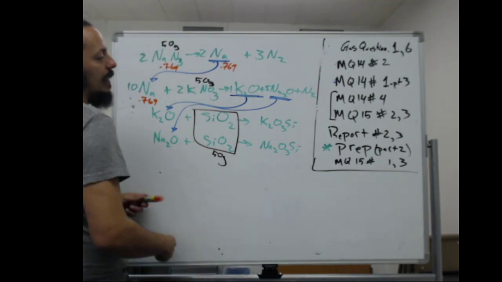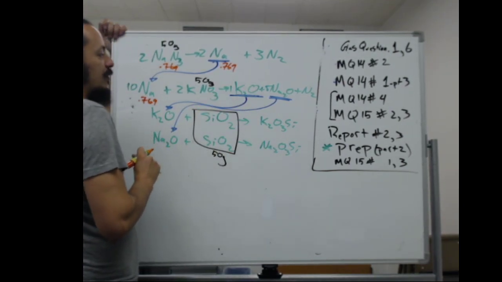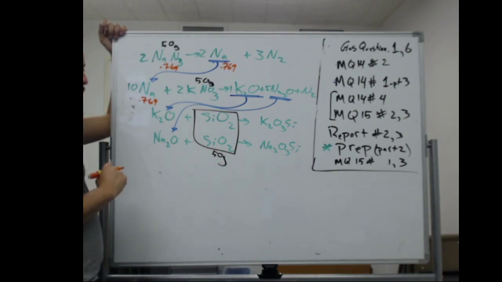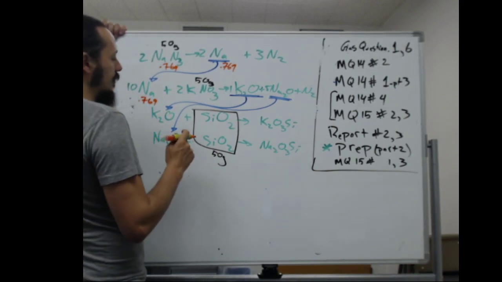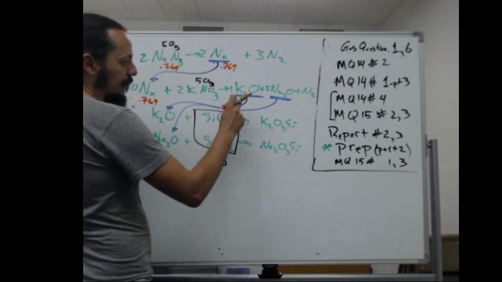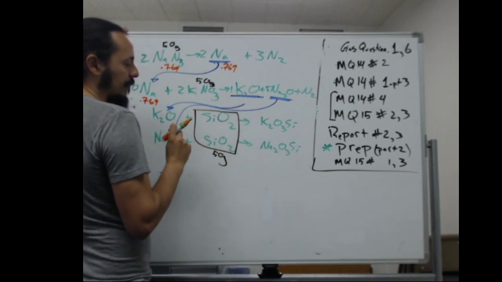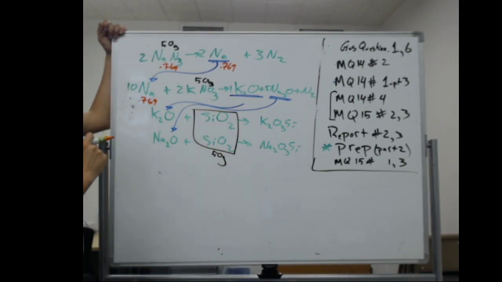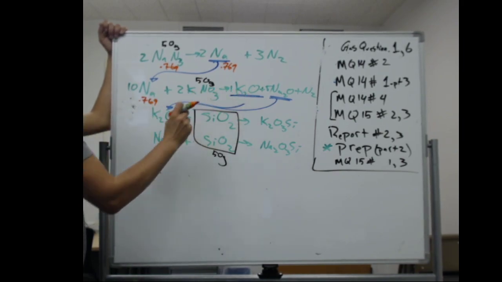So what were your number of moles of K2O produced? I got, okay, well, maybe this is where I'm confused because I used the ratio, like I multiplied the 0.769 by 5 because it was 10 Na, because before it was 2 Na. Is that incorrect?